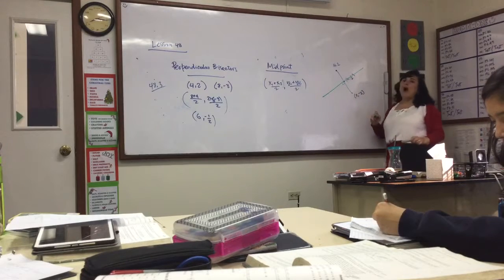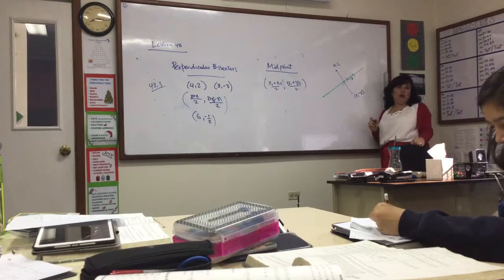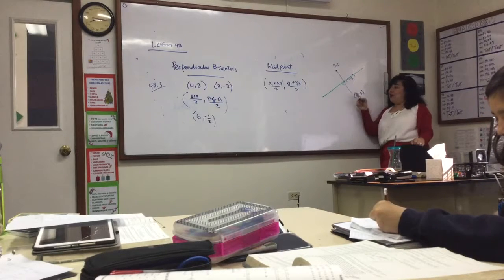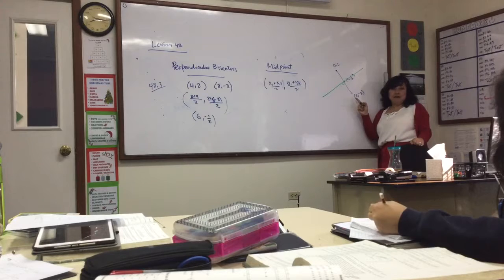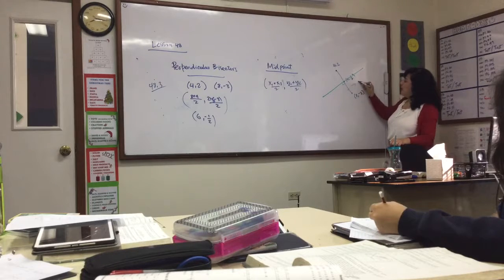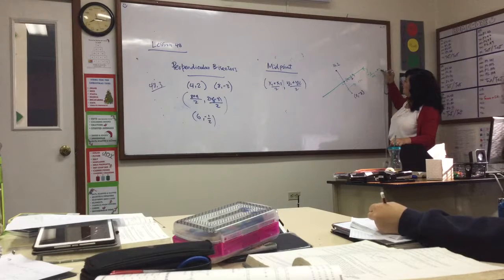Now, why does it have to be perpendicular? It's the negative reciprocal of the slope of this segment. So if this one is m, this one has to be negative 1 over m. That would be the perpendicular slope.